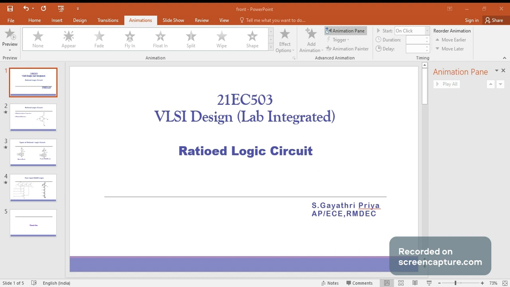Let us take an example of a 4 input NAND logic. So this is the generalized CMOS logic. Here we have taken 4 PMOS transistors which are connected in parallel as the pull-up network. Similarly, in the pull-down network, we have 4 NMOS transistors connected.